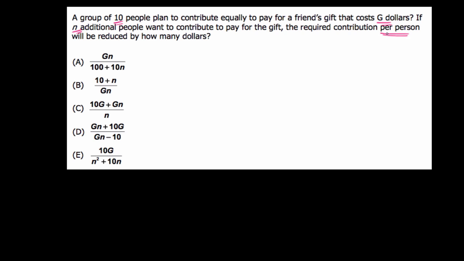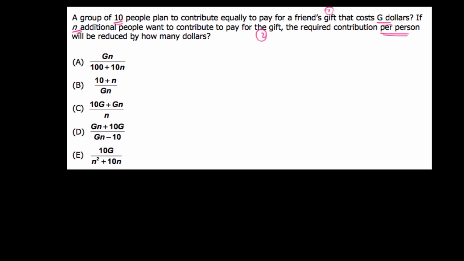So we need to know the contribution per person for the first statement, and then the contribution per person after n people have been added. The reduction in the contribution is what the question demands. I'm going to start by giving a mathematical description of the first statement.